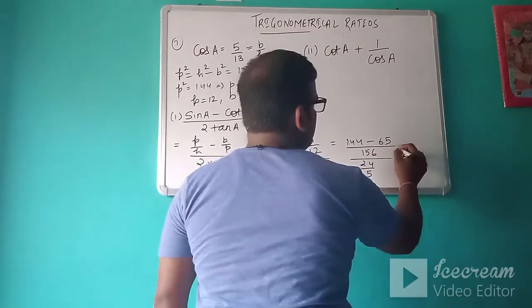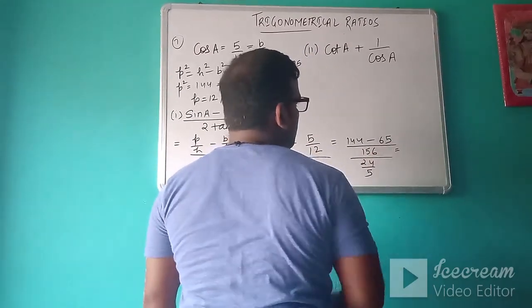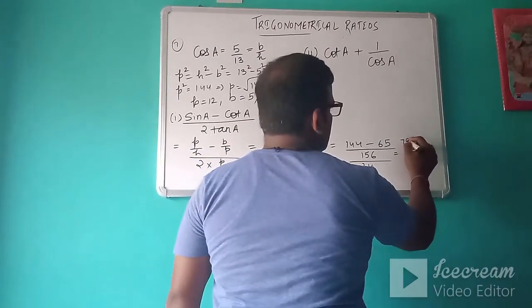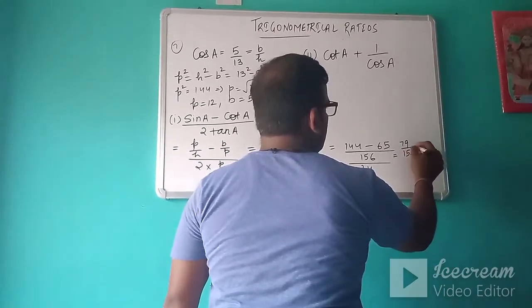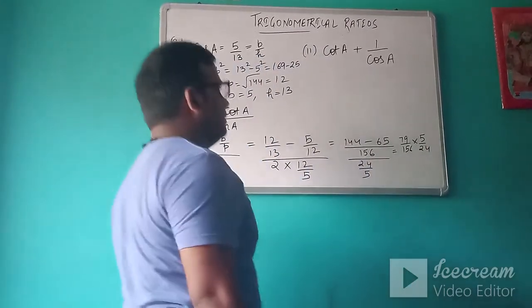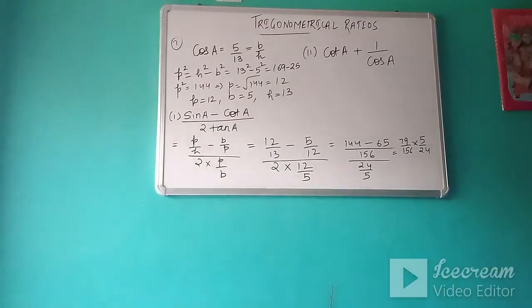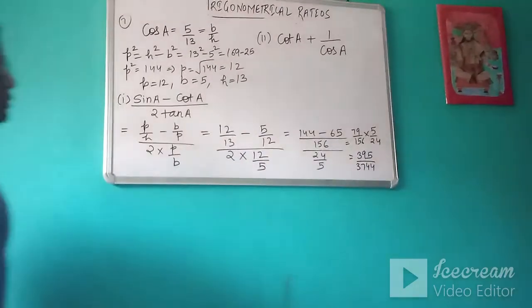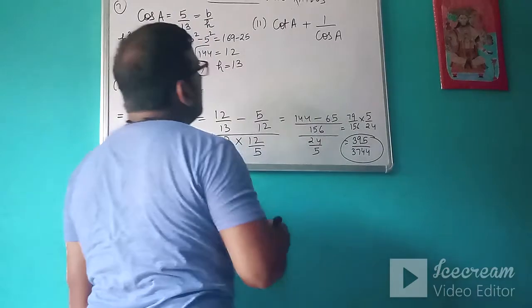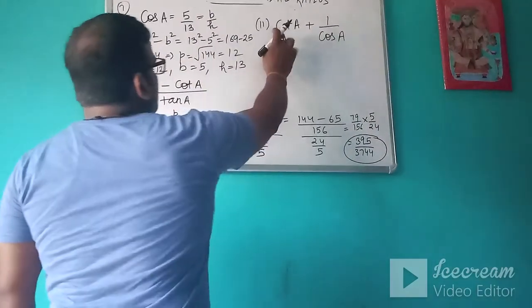Or when you solve it, you will get 79 upon 156 into 5 upon 24. Okay, so what you will get? 395 upon 3744.